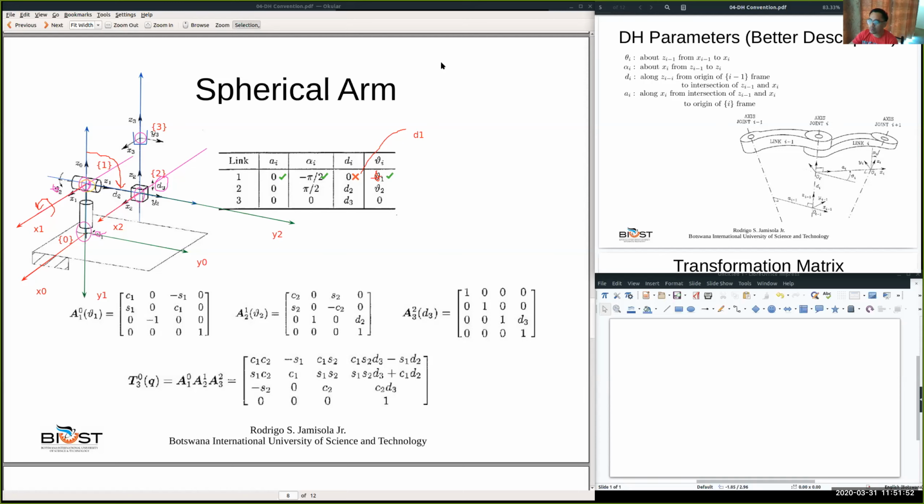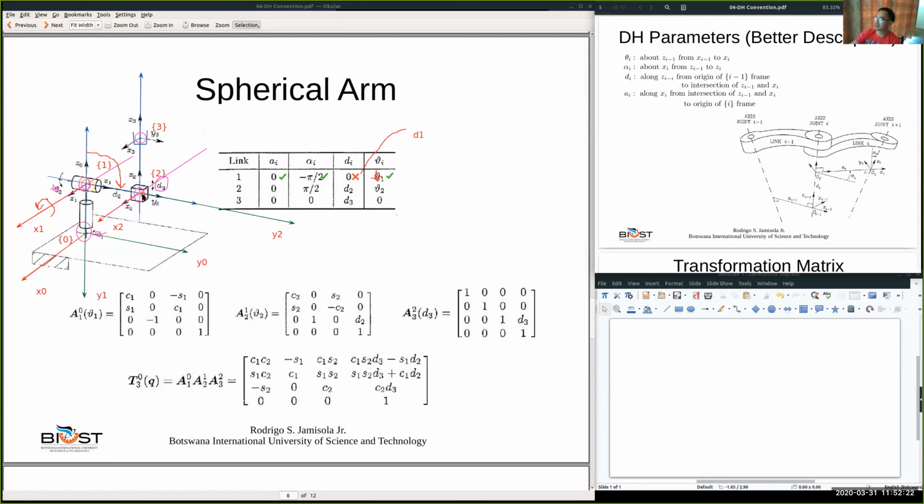And so now, let's go to link 2. So theta 2 about Z1 from X1 to X2. Where is Z1? Let's highlight that one. That is Z1.